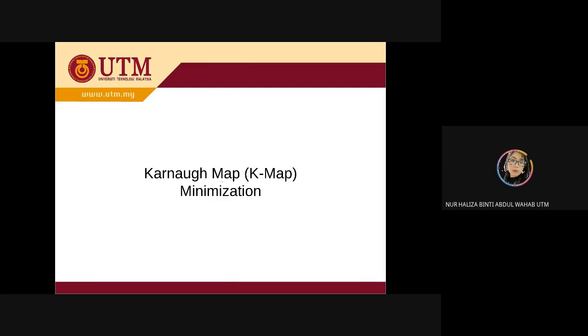But for your KMAP, if you draw it wrongly, 0, 0, 0, 1, 1, 0, 1, 1, you're going to get a wrong answer. Wrong answer for what? Your Boolean simplification. You will face a problem with this.